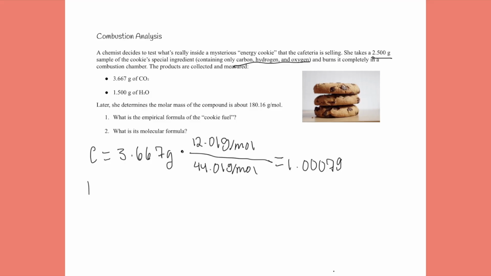Now let's do hydrogen. We'll take the amount of H2O we have, which is 1.500 grams, and multiply that times the molar mass of hydrogen. But since there's 2 hydrogens per every 1 oxygen, we want to multiply the molar mass times 2.